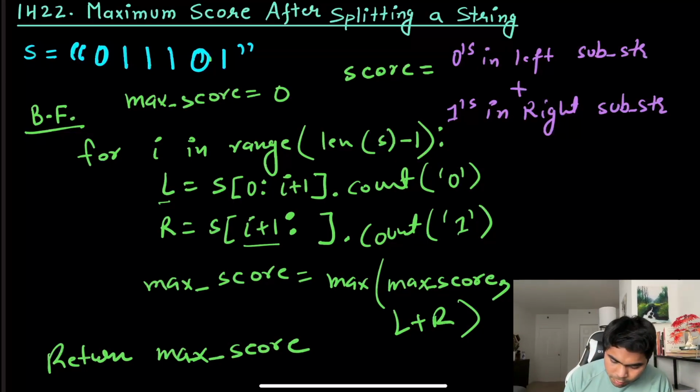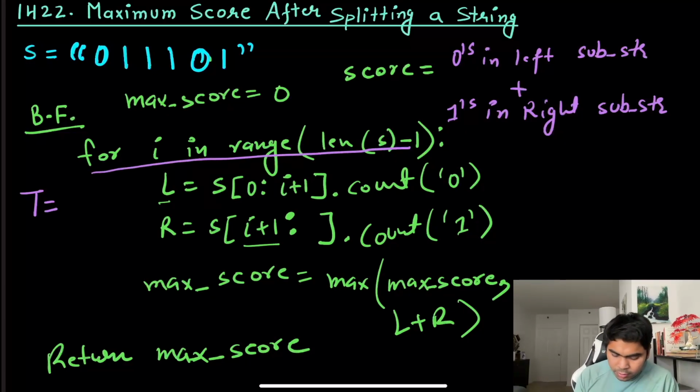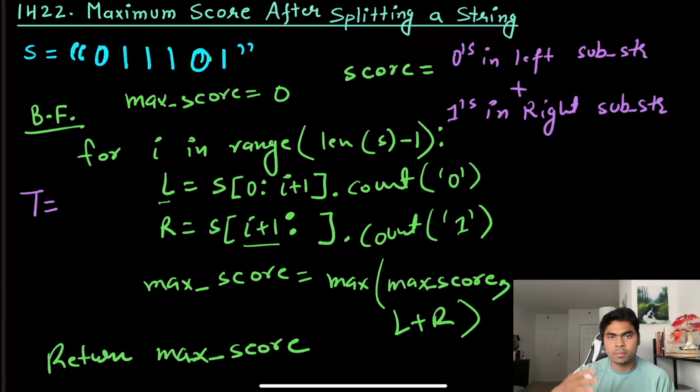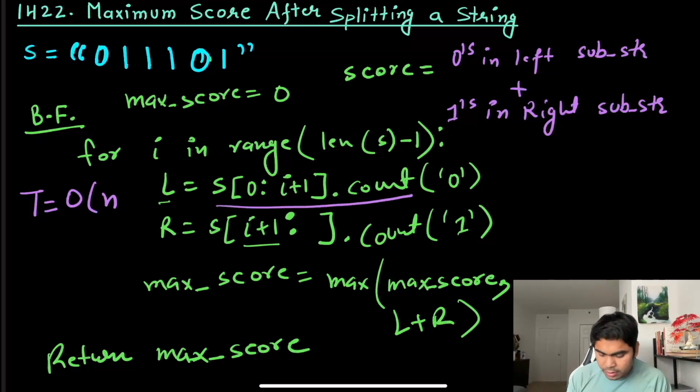But let's talk about the time and space complexity for this. For this brute force, the time complexity is going to be, well, we are going over all the n characters of the string, so that is taking n. But the count I have done is also an inbuilt function that takes O(n) complexity as well.